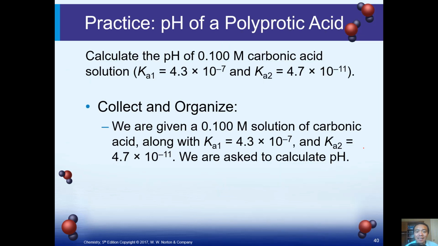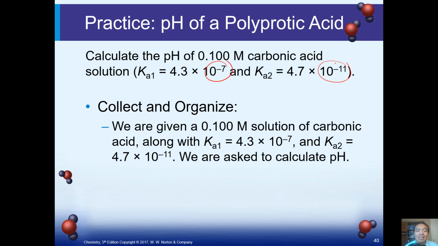When you calculate the pH for a polyprotic acid like a biprotic or triprotic acid, if the Kas are very different, or in other words, in this specific case for carbonic acid, Ka1 is much greater than Ka2, then the ionization from the first step is going to be much greater than from the second step.